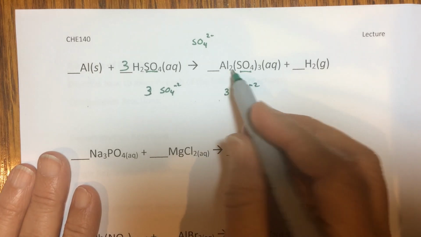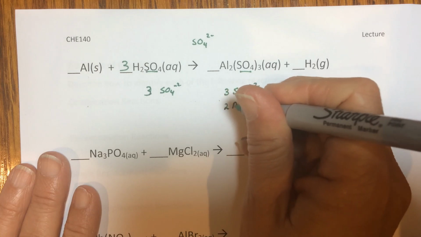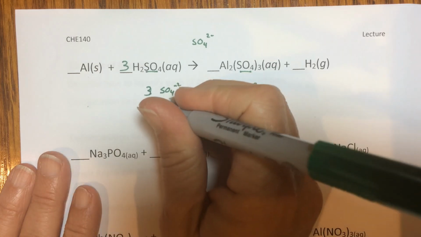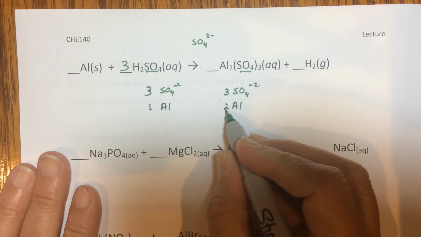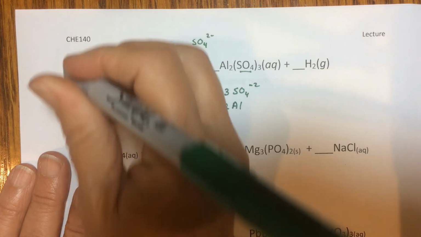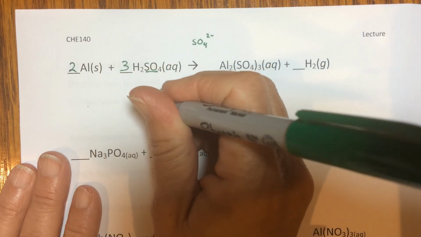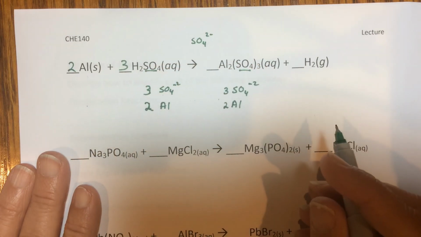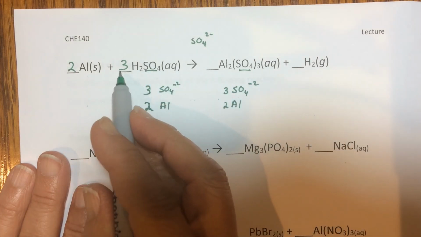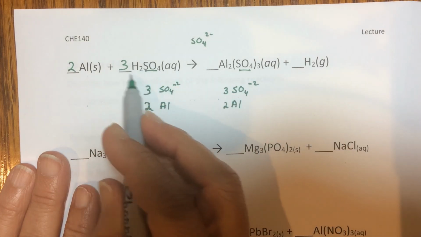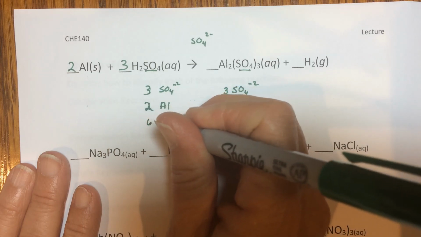Here we've got 2 aluminums. Here we have 1 aluminum, but we can add a coefficient here and give ourselves 2 aluminums. And then lastly, we need to look at the hydrogens. Here we've got 3 times 2, so that's 6 hydrogens.